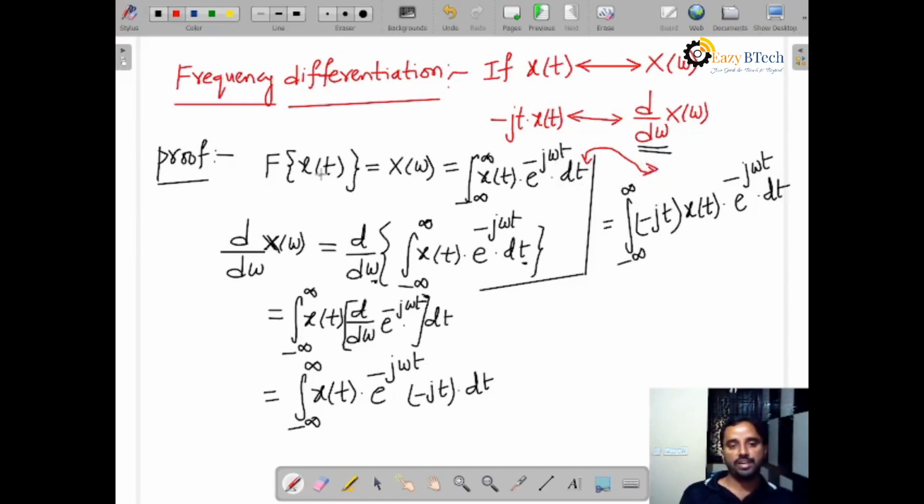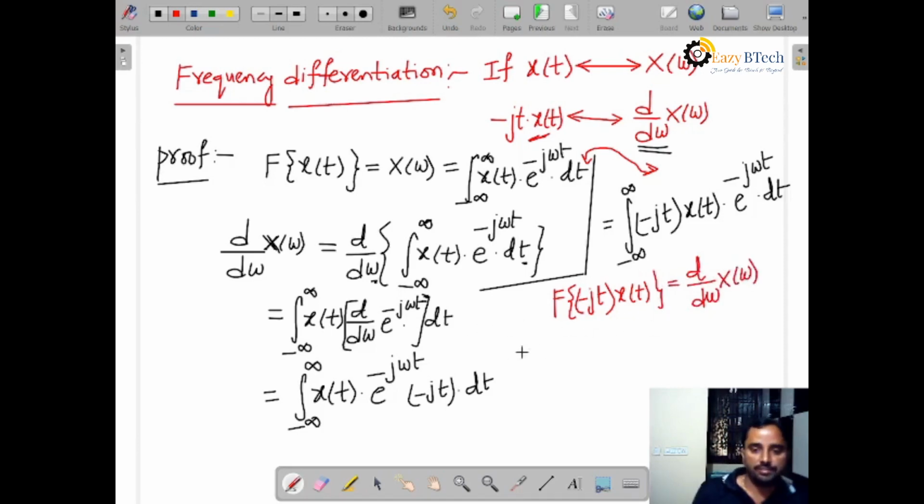So this is the Fourier transform of x of t. Here we have the Fourier transform of minus jt into x of t. Right or not? So by comparison, the Fourier transform of minus jt x of t is equal to d by d omega of X of omega.